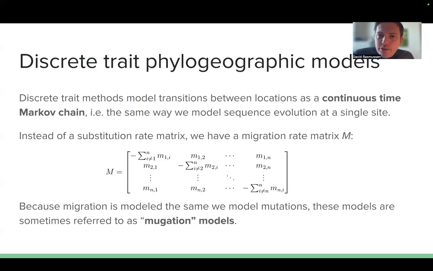So these discrete trait phylogeographic methods, or what I'll just call DTA models, are very similar to the models that we already saw used when we model sequence evolution.